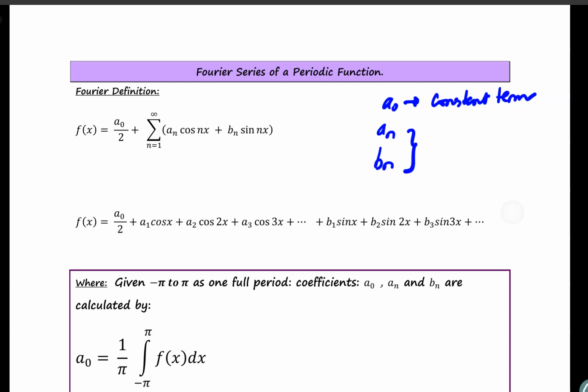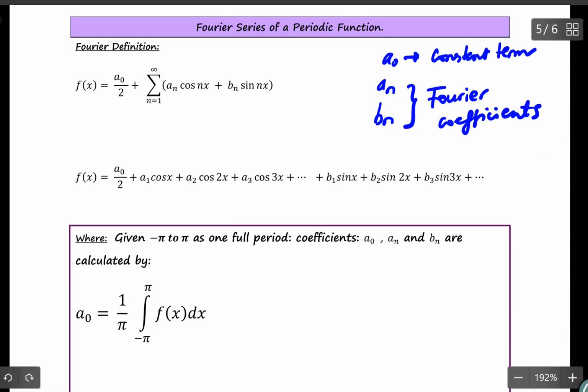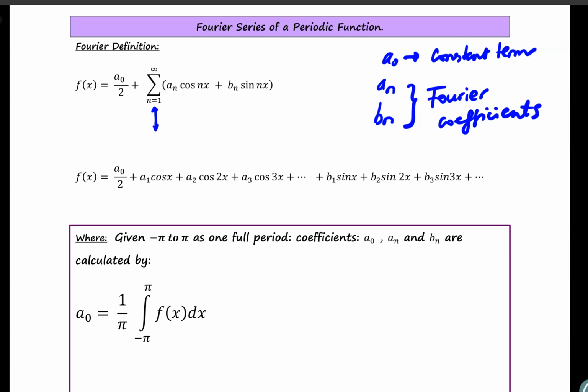So these are called the Fourier coefficients. Okay, Fourier coefficients, because they are coefficients of certain functions, and if you add those functions, it will end up being a Fourier series. Okay, why is it a series? Because you have so many terms. In this case, you see I represent this as a summation. That means I will let n equal to 1.